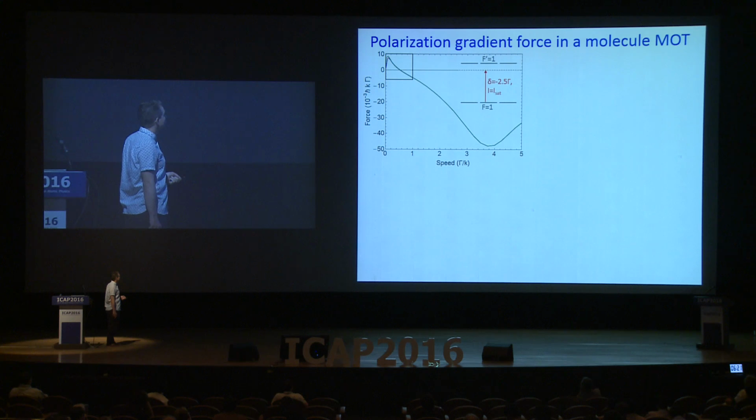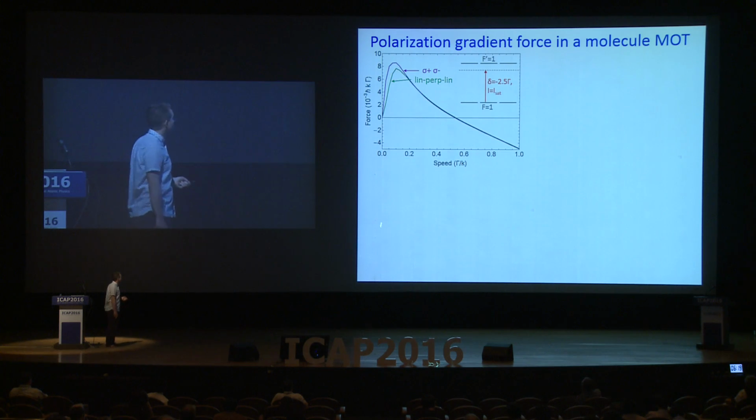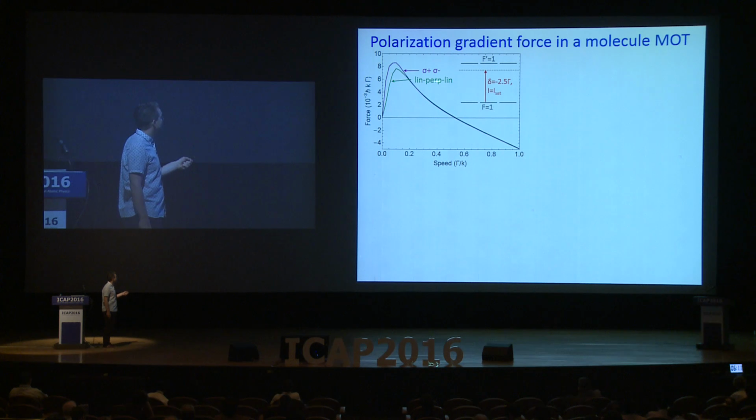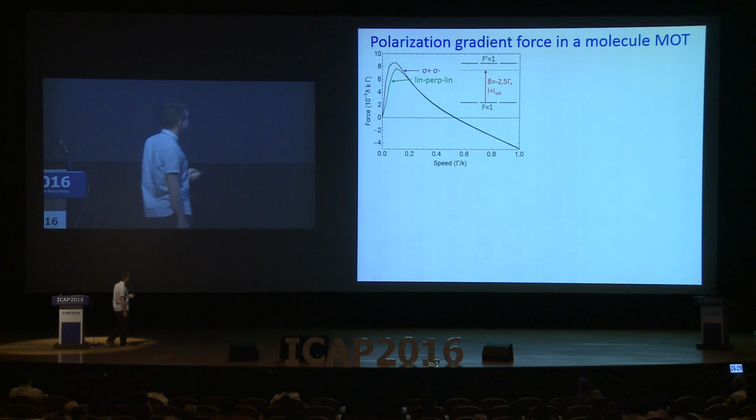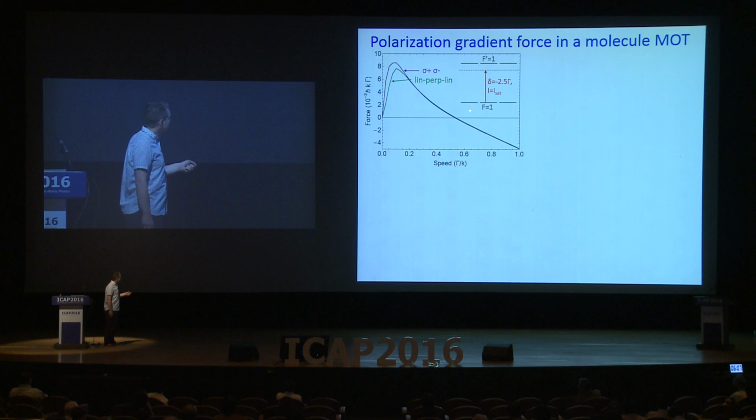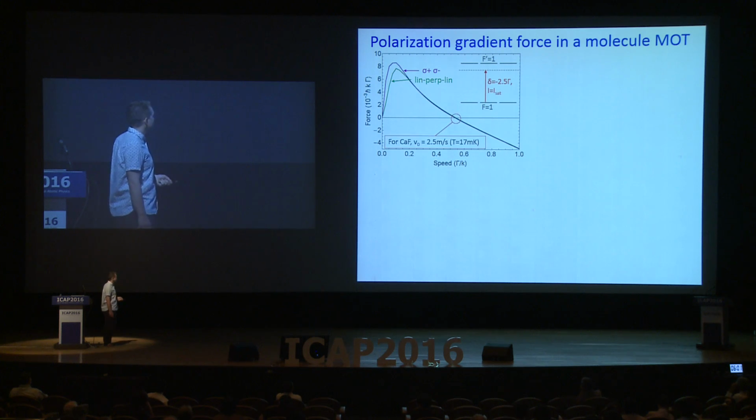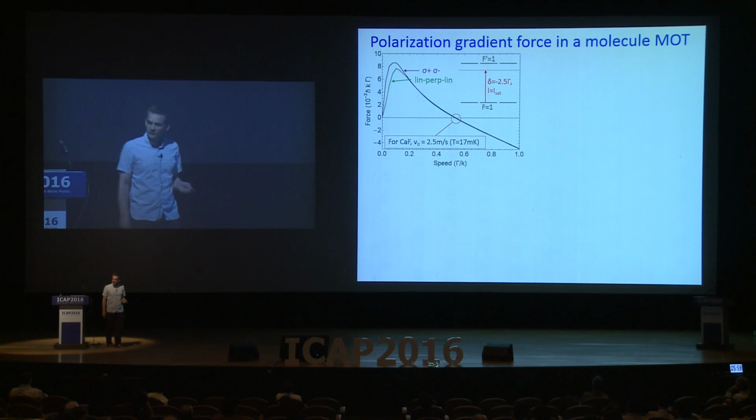If we zoom into this low velocity region here, this is what it looks like for the 2 standard configurations that people normally think about for sub-Doppler cooling, okay, the sigma plus, sigma minus, and the lin perp lin configurations. So there's a particular velocity here where the polarization gradient force cancels the Doppler cooling force, and the system will be driven towards this equilibrium velocity where the force is 0.